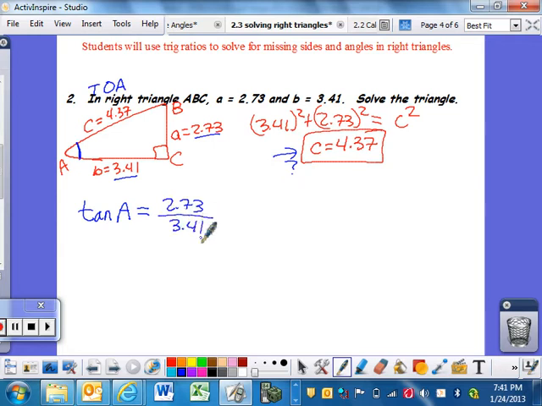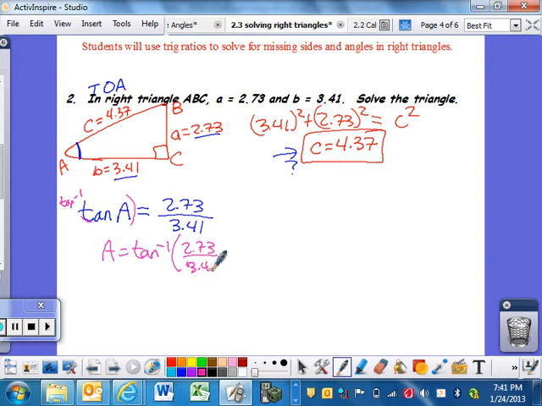Now how do I find angle A? Hopefully you guys are thinking, hey, I need to get the angle by itself. That tangent needs to go away. How do I do that? Tangent inverse, both sides. Okay? So I end up getting A equals the tangent inverse of this fraction.